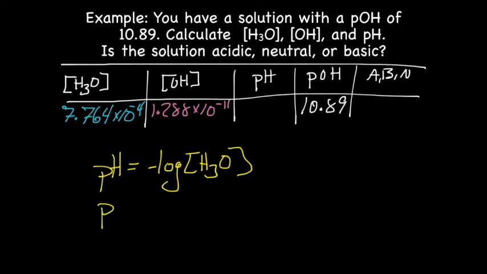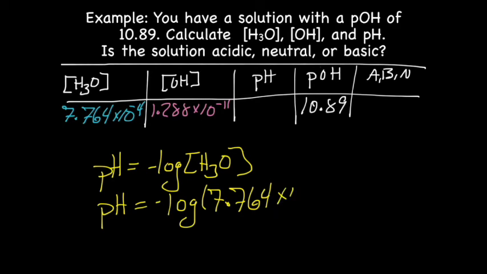So pH equals negative log of 7.764 times 10 to the negative 4th. And that gives us a pH of 3.110, looking at sig figs.